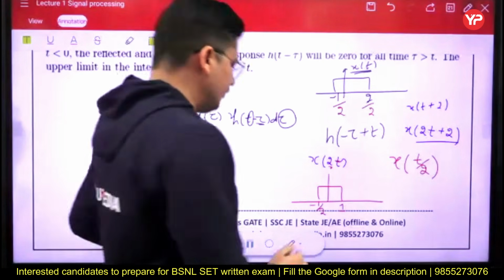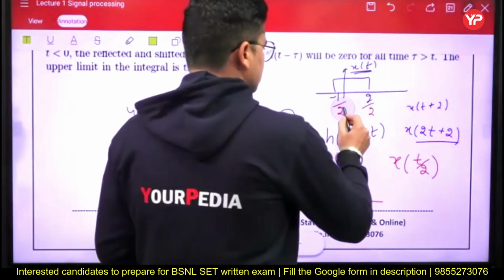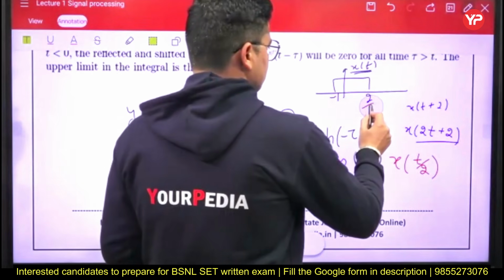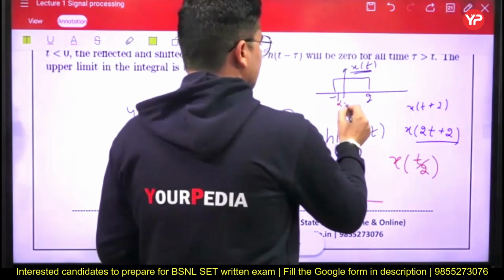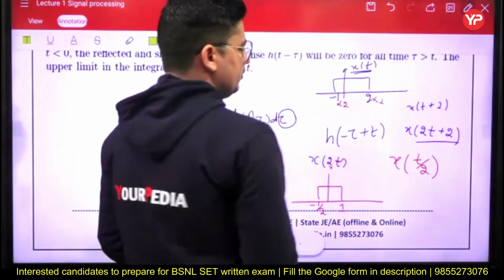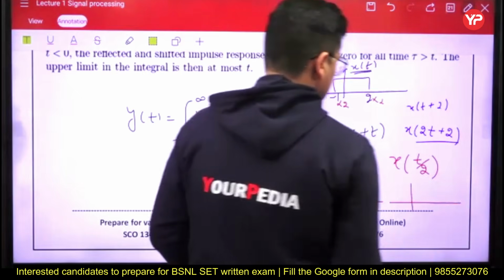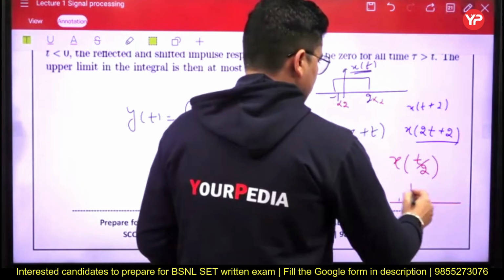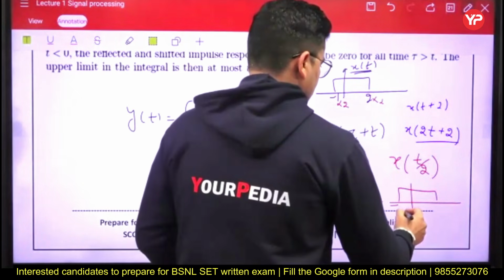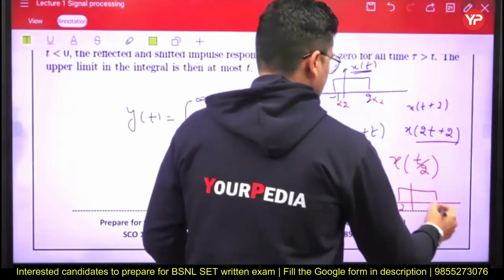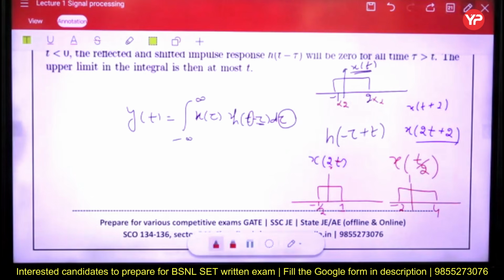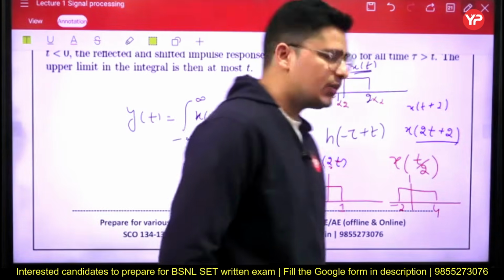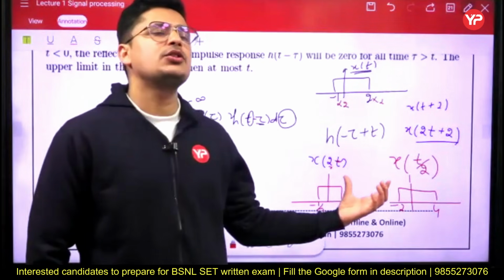Remember that. So the signal goes from minus 2 to 4. This is called expansion. So there are two types of scaling: one is compression, another one is expansion. This is the part of signals and systems which you have to know.